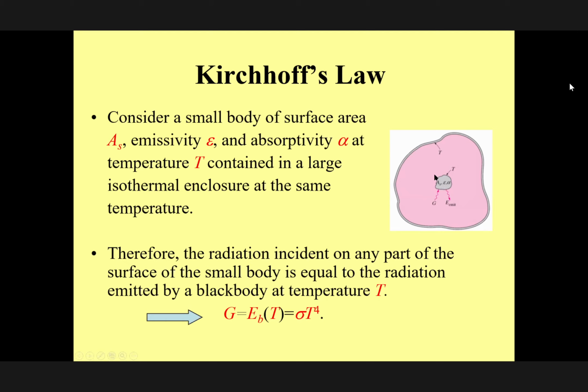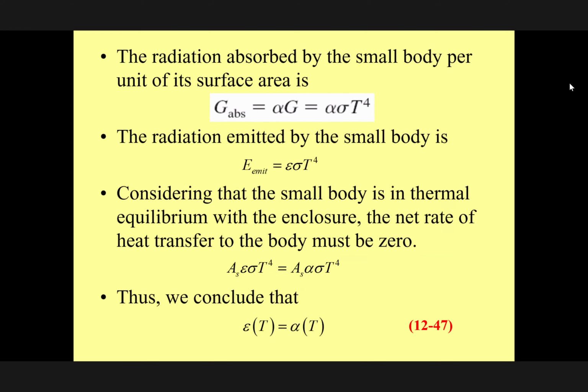Therefore, we can write this simple energy balance for this system, the amount of energy received and the amount of energy emitted back. Therefore, the radiation incident on the surface of a small body is equal to the radiation emitted by the black body. This is the black body emitting surface. Therefore, this is the total energy coming. Okay, it receives it, reaches equilibrium at the same temperature of T, and starts to emit back.